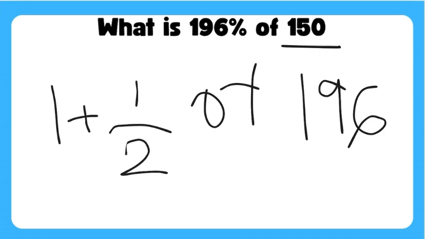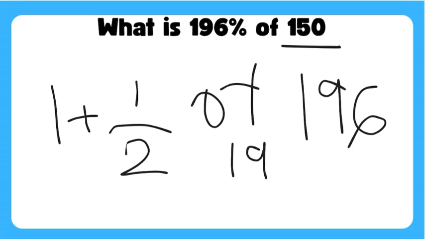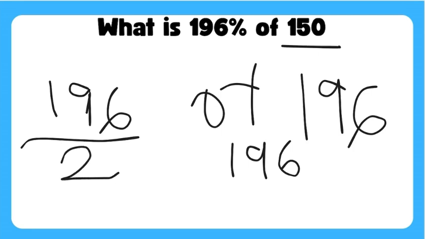So now using this, we can find that 1 times 196 is just 196, and then a half times 196 is, actually, let's just calculate this. 196 over 2.